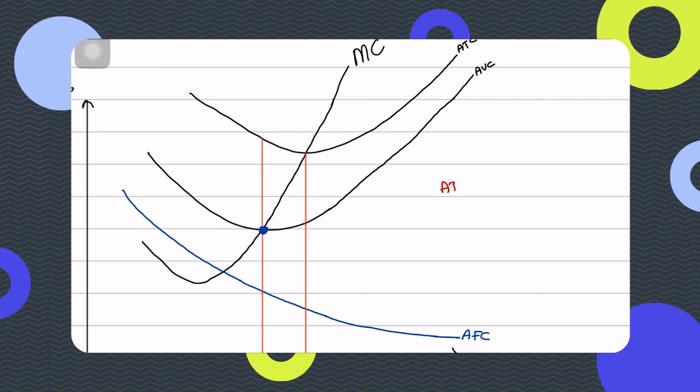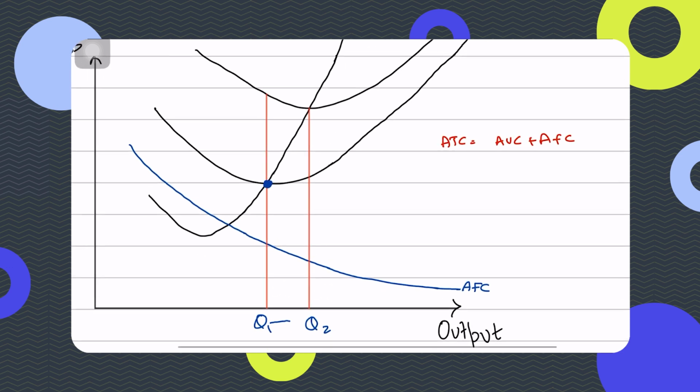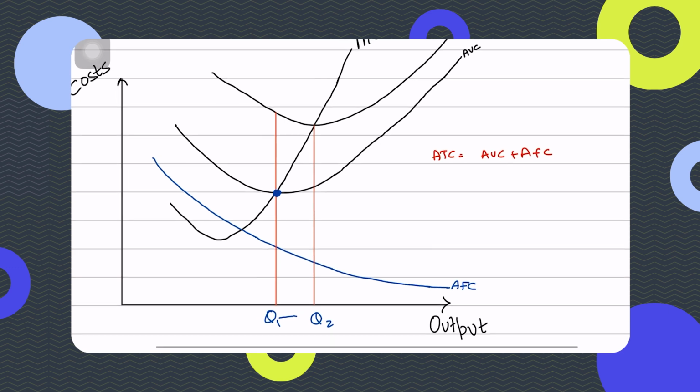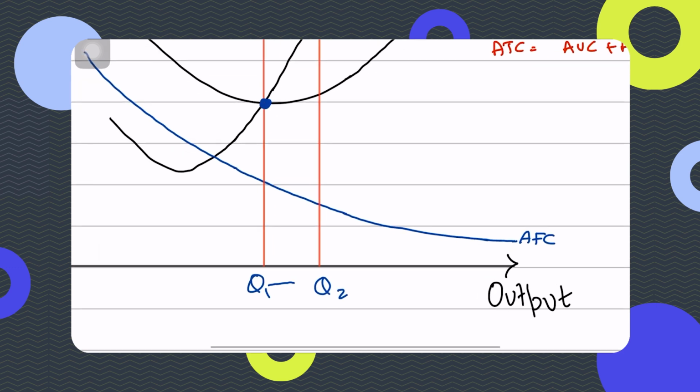So the average total cost is the sum of your average variable cost plus your average fixed cost. Now, if you look at the behavior of average fixed cost, it continuously falls, although the rate at which it declines goes down as you increase your output. That is why, over a higher level of output, the average fixed cost curve starts flattening out.